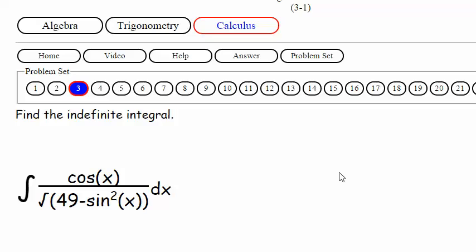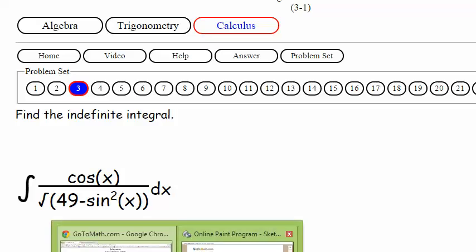A squared, yeah. Okay, sorry about that delay here. Too much is going on.